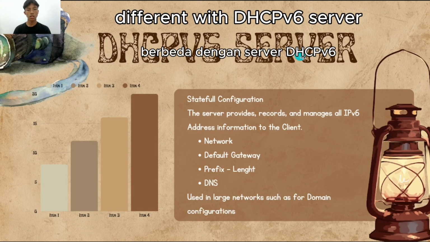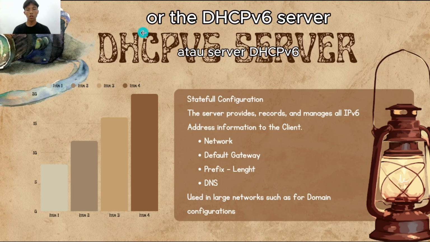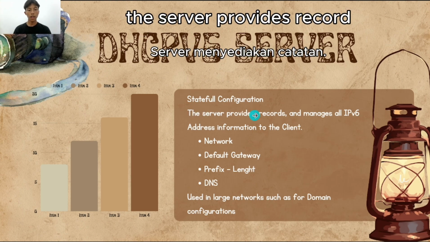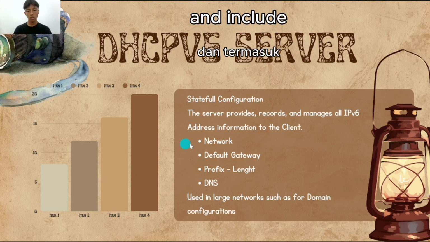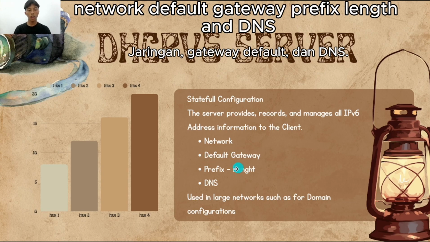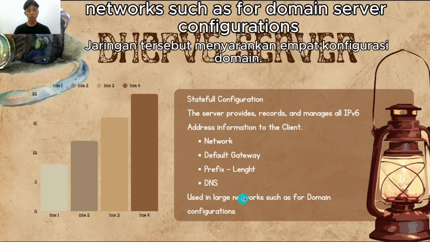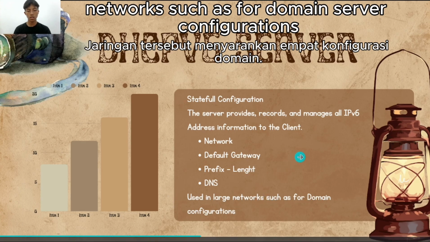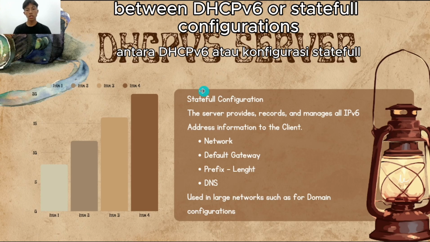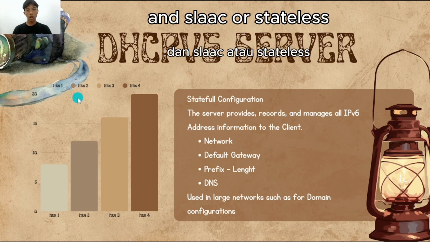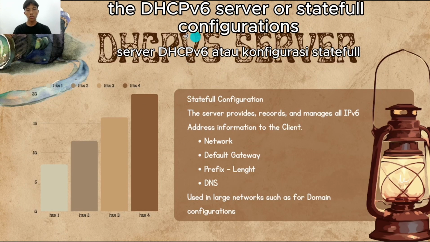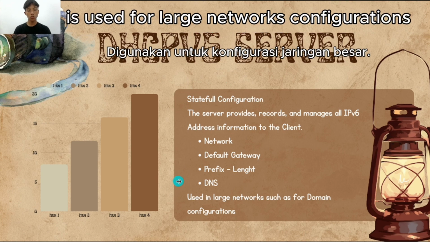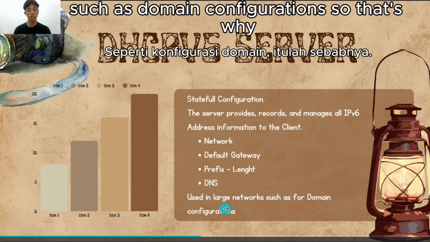Different from SLAAC, with the DHCPv6 server, the stateful configuration, the server provides, records, and manages all IPv6 address information for the client, including network, default gateway, prefix length, and DNS, and is used in large networks such as for domain configurations.